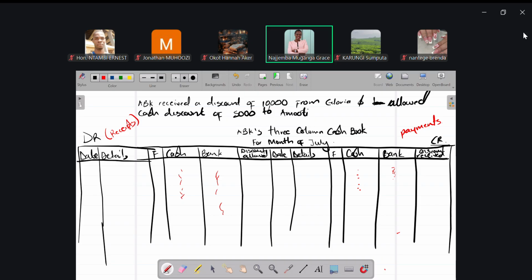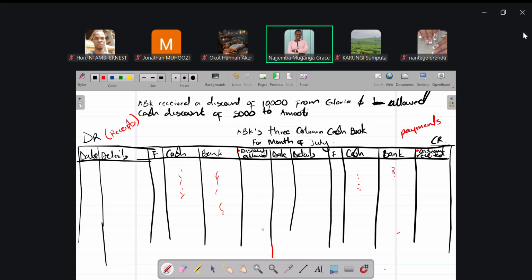Then it becomes a 3-column cash book when we introduce discounts allowed and discount received. Many people interchange these 2 columns. When I was explaining what a discount allowed is, I told you that discount allowed is an expense, and whenever expenses increase, they are debited.